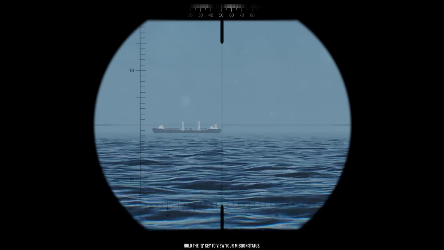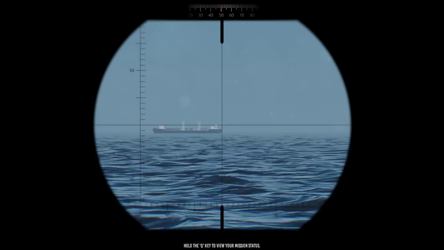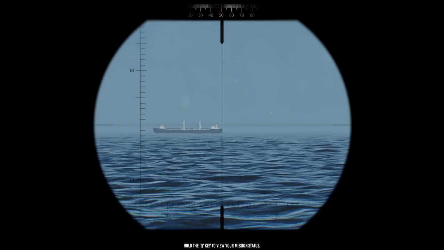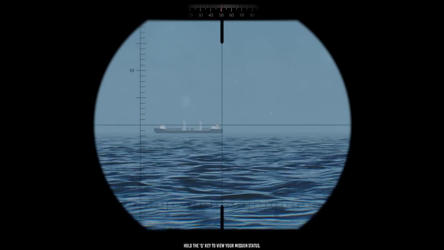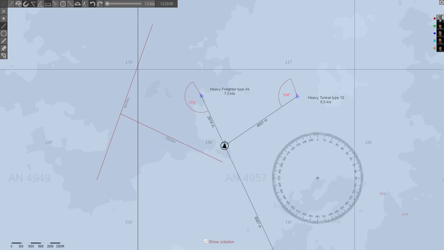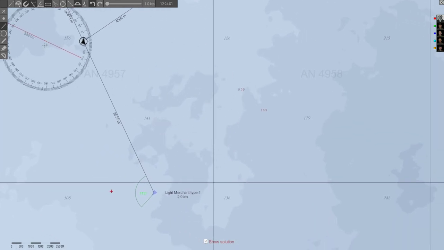Now, to demonstrate the formula, just in the map here, we'll get it laid out.